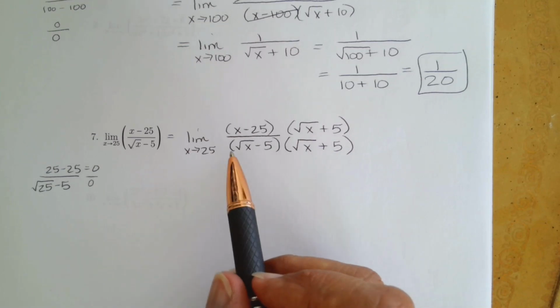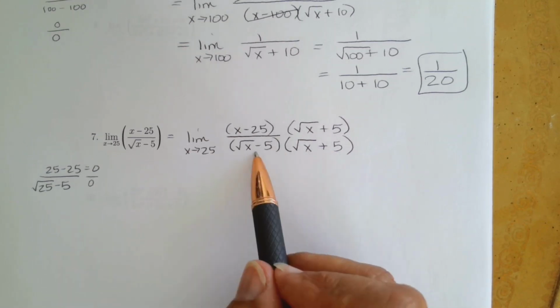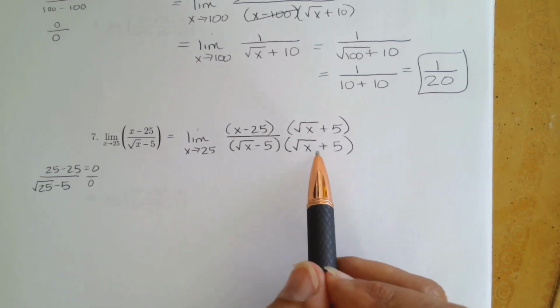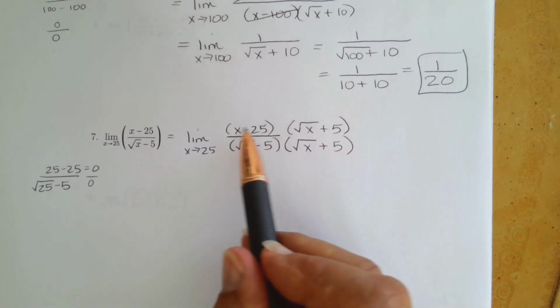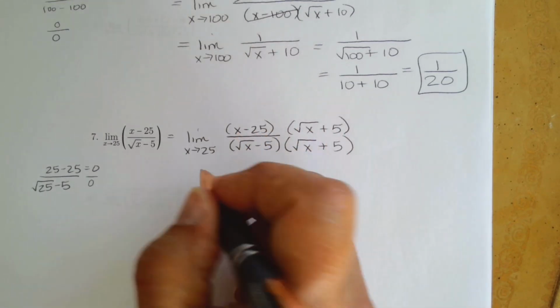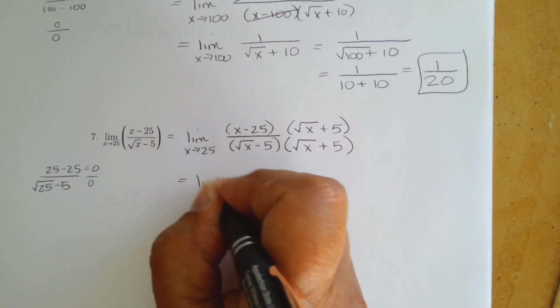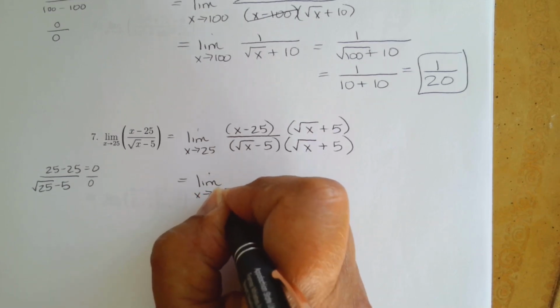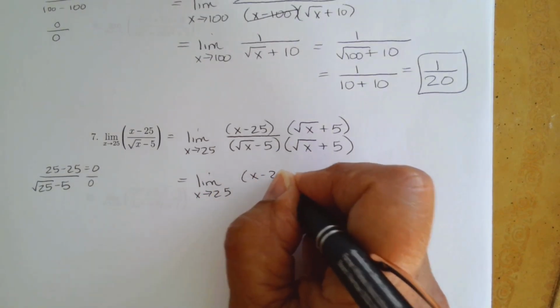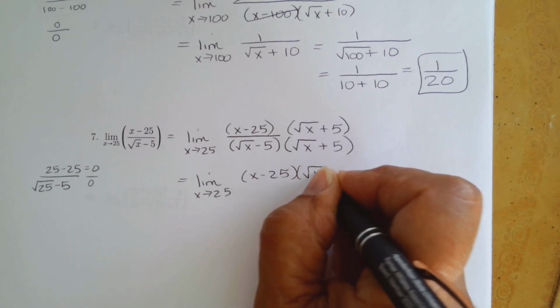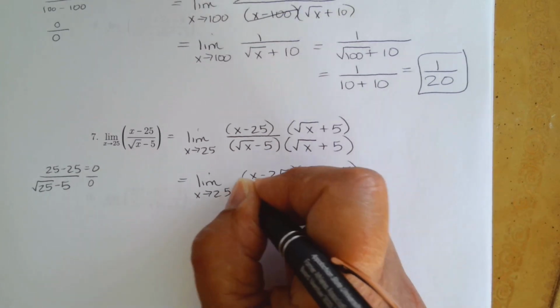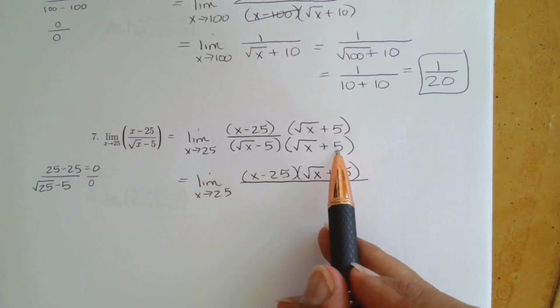Now, the part that's the conjugate is the part you're going to FOIL or multiply out. The one that doesn't have a conjugate, you leave alone. So this time, I'm going to leave the numerator alone. So don't mess with that. You only want to multiply the conjugate. So that in this problem is the denominator.